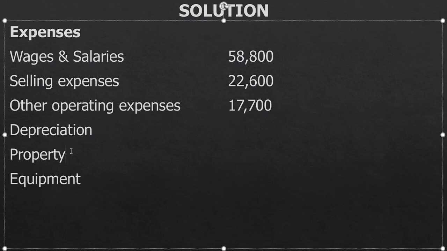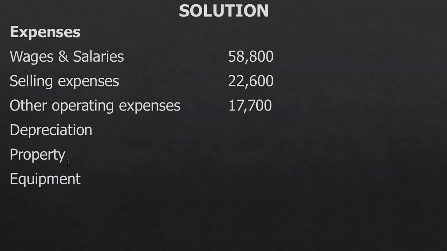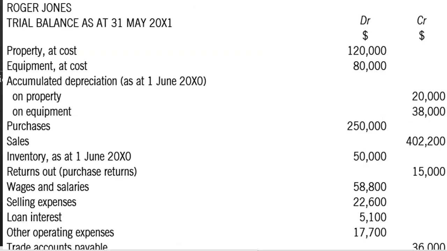Now, what did they tell us? Let's go back. Depreciation on property is 1.5% per annum using the straight line method. Let us indicate it here, 1.5% of what? We are saying straight line, meaning we are going to charge 1.5% on the cost of property.